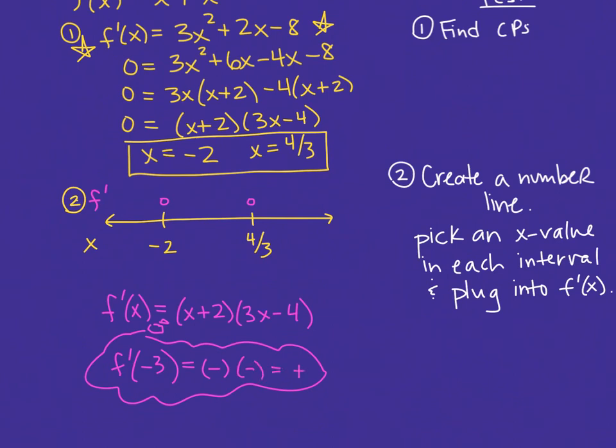Therefore, our output here, plugging in -3, was a positive because it was a negative times a negative in those two parentheses. So we're going to put a plus sign here because any number that we plug in this interval here gives an output of a positive first derivative. That means that our original function is increasing on this interval because the first derivative is positive.